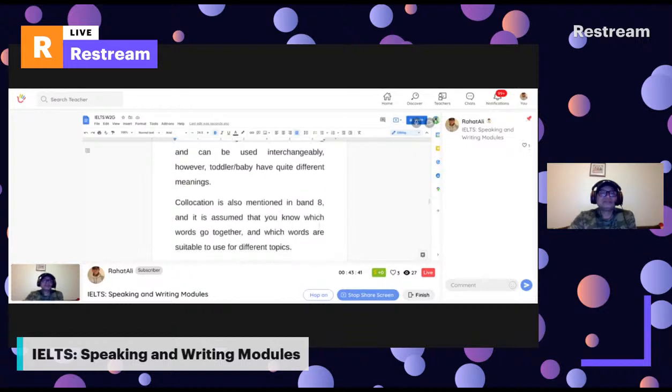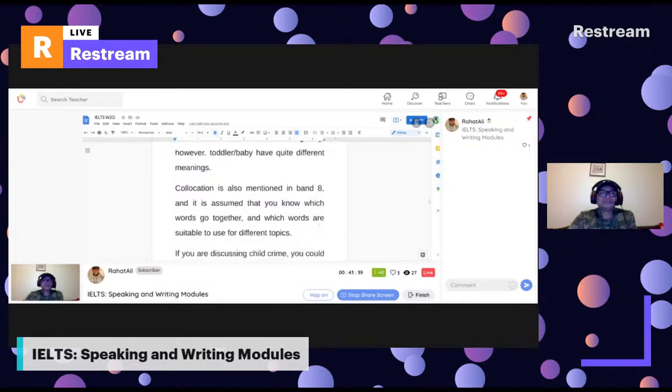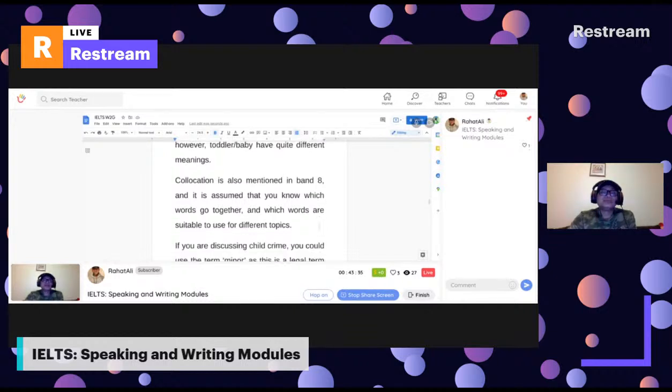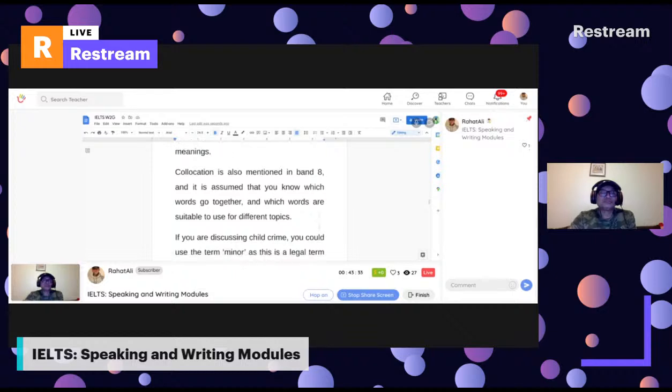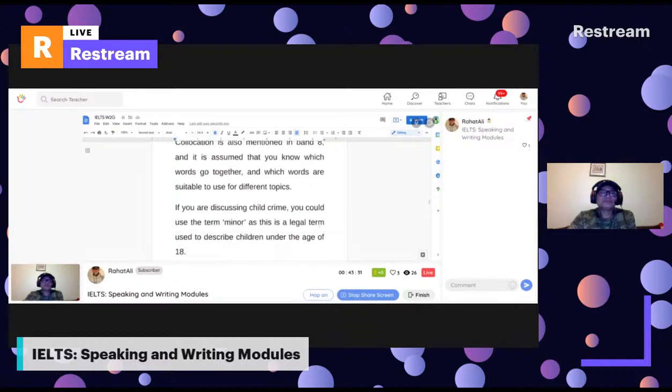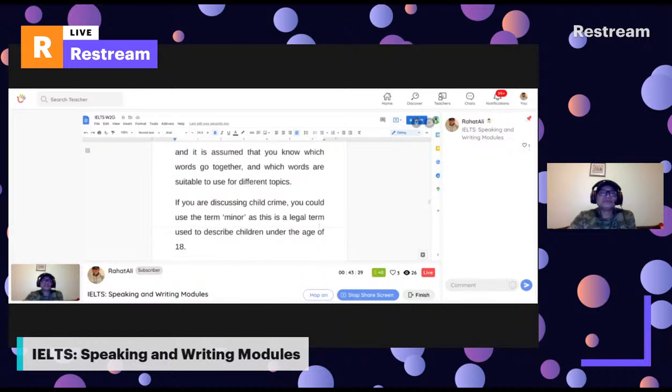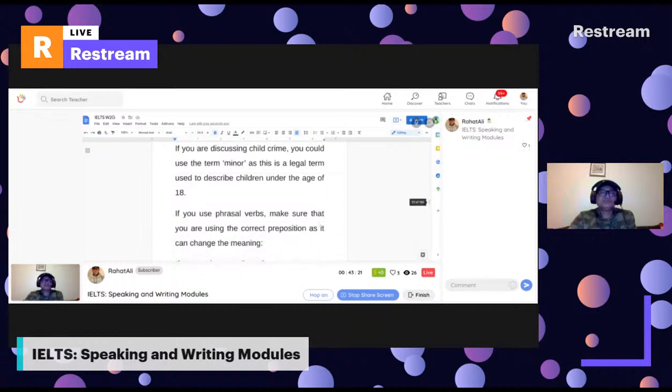Collocation is also mentioned in Band 8, and it is assumed that you know which words go together and which words are suitable to use for different topics. If you are discussing child crime, you could use the term minor, as this is a legal term used to describe children under the age of 18. If you use phrasal verbs, make sure that you are using the correct preposition as it can change the meaning.